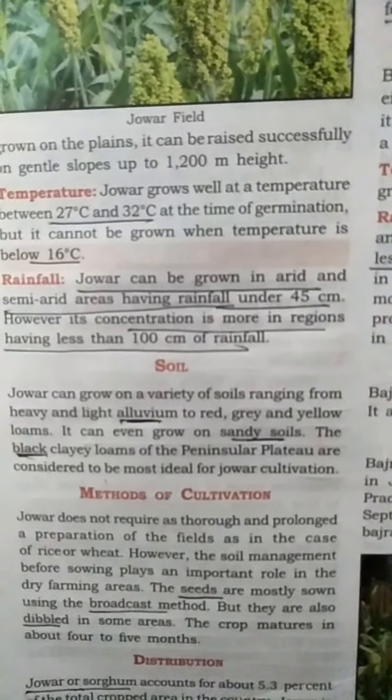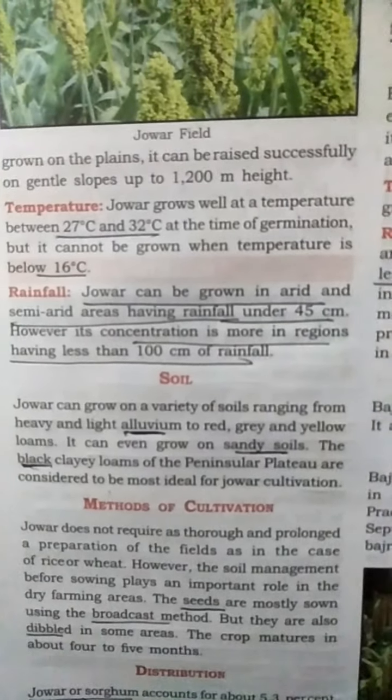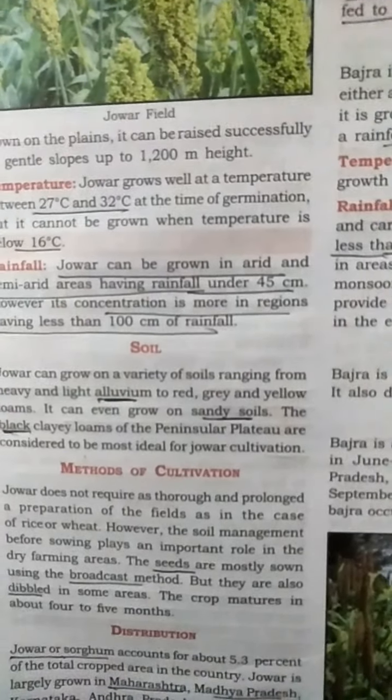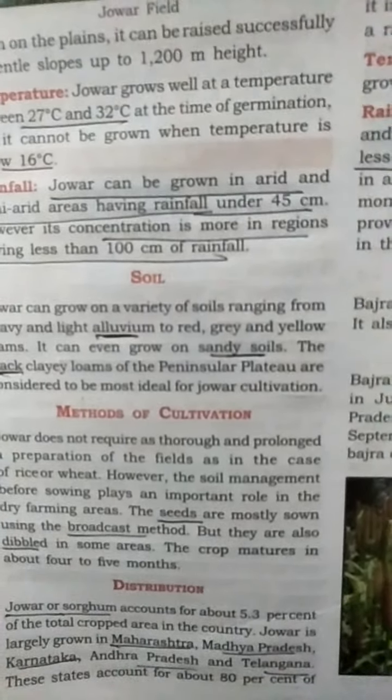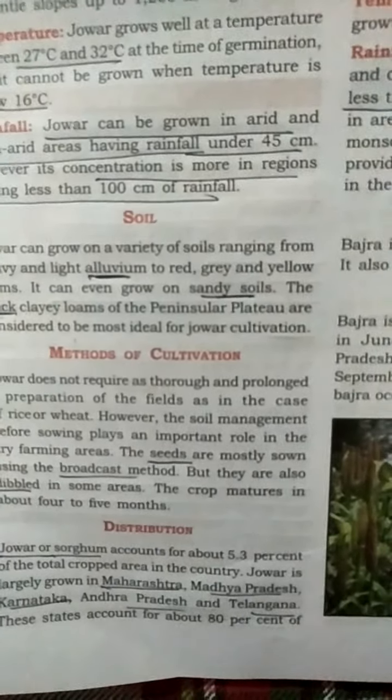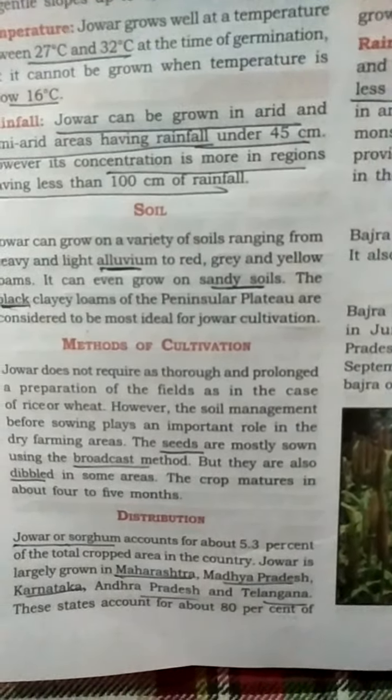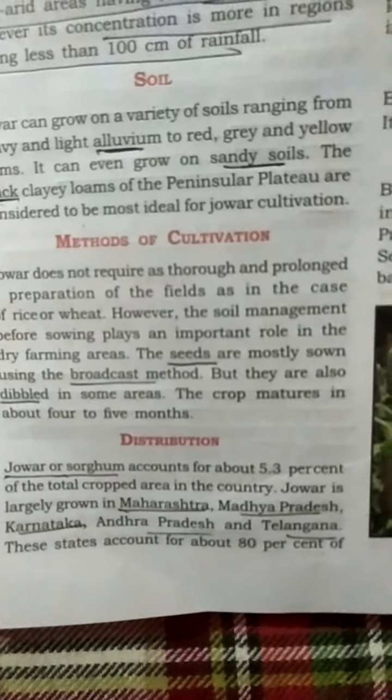Rainfall: arid and semi-arid areas where rainfall is less than 45 centimeters. And what kind of soil? Alluvial soil, sandy soil and black soil. Methods of cultivation: can be sown with the help of broadcasting method and dibbling method.